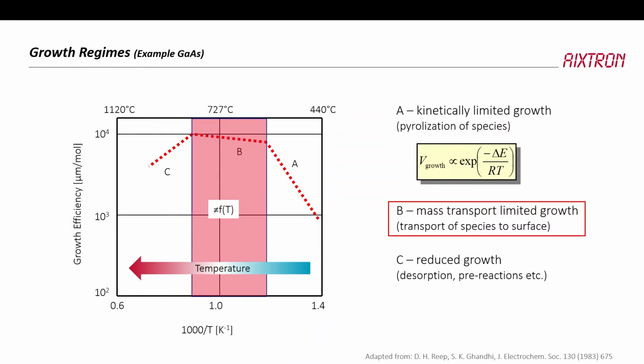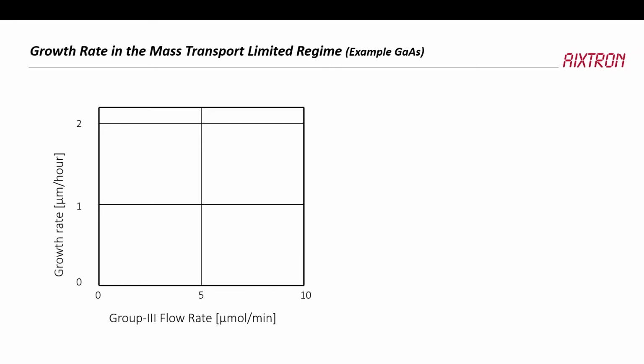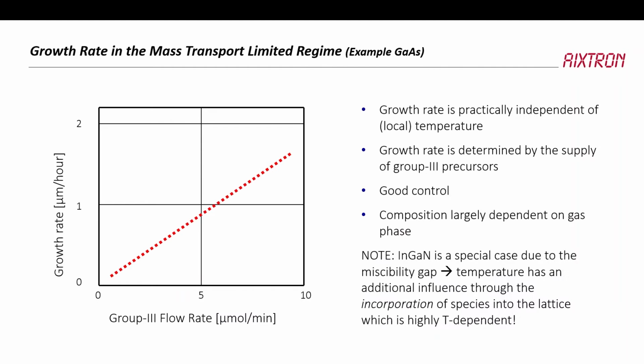So what we have to keep in mind is when we are in this regime, we essentially can govern the growth rate of our species by the group 3 flow rate. That's the important thing. So if I change the group 3 flow rate of, for instance, trimethyl gallium, I will be able to directly translate this into the amount of, for instance, gallium arsenide growth that takes place.